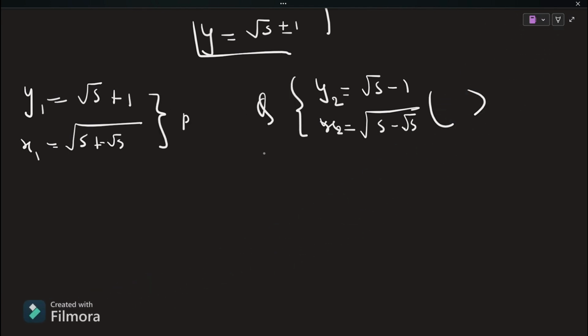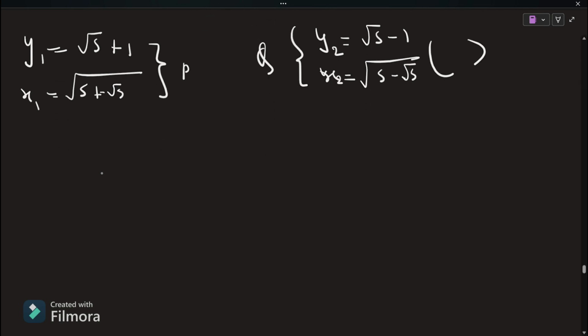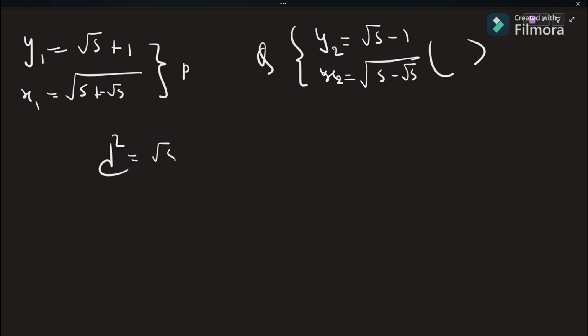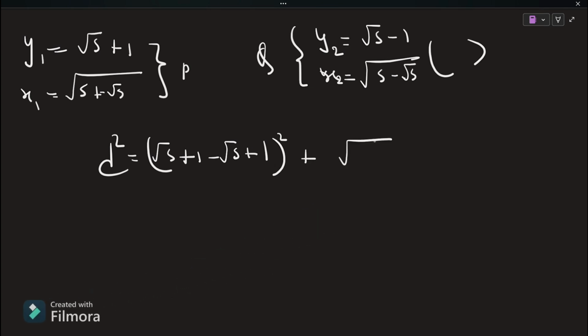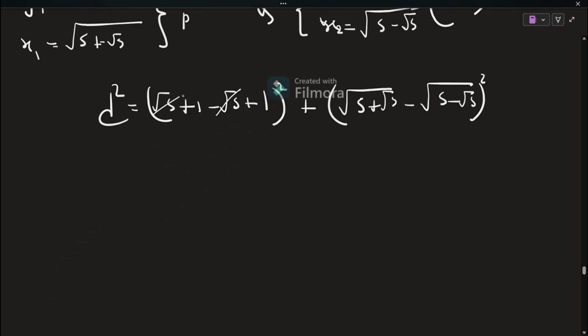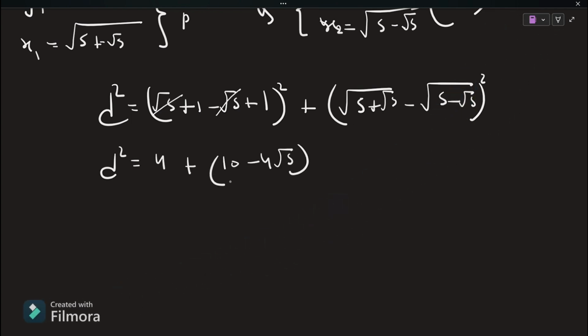So the distance between PQ, let's say D, equals the root of (root 5 plus 1 minus root 5 plus 1) whole square plus (the root of 5 plus root 5 minus the root of 5 minus root 5) whole square. So this will cancel out, and when you solve this, you get D square equals 14 minus 4 root 5.